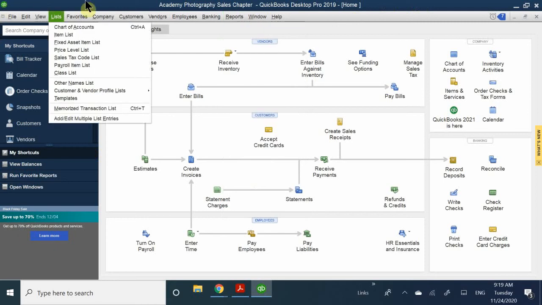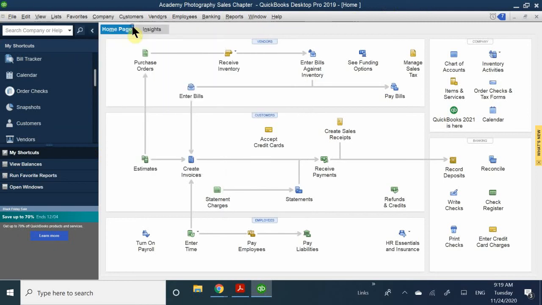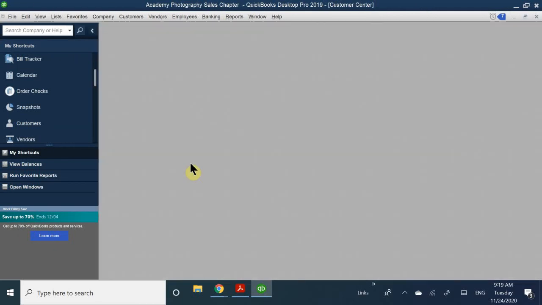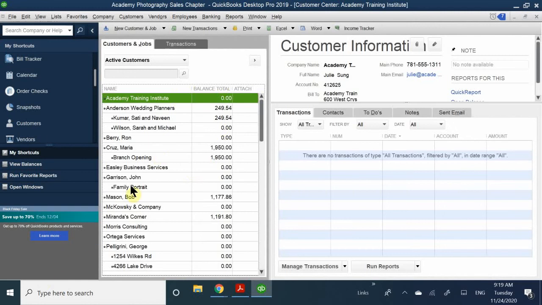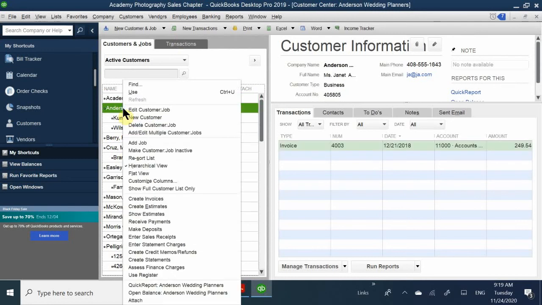If I were to go to the customer center, I can go all the way at the top and go to my new transactions, sales receipt. I could also right click on somebody and create a sales receipt as well.